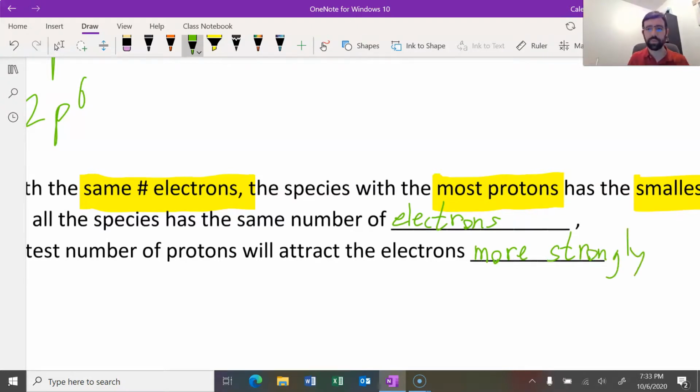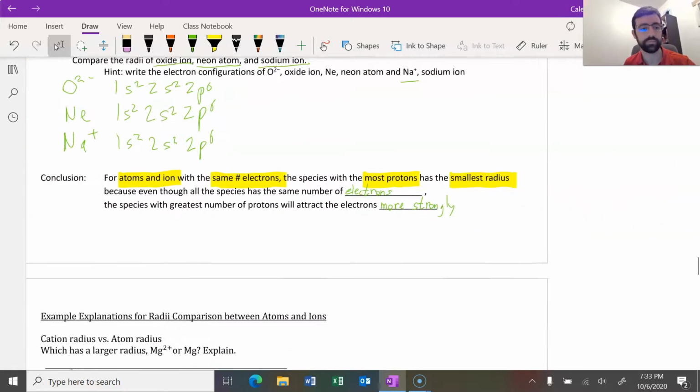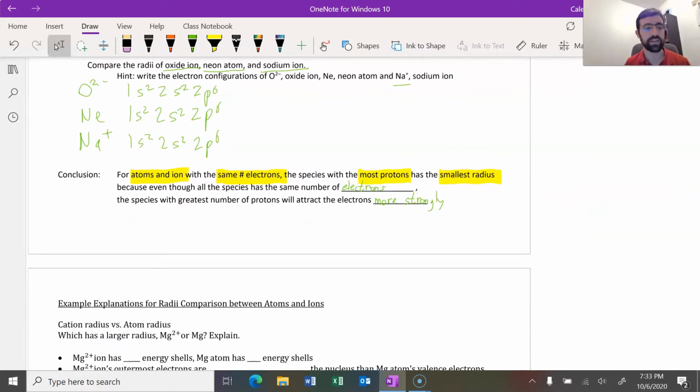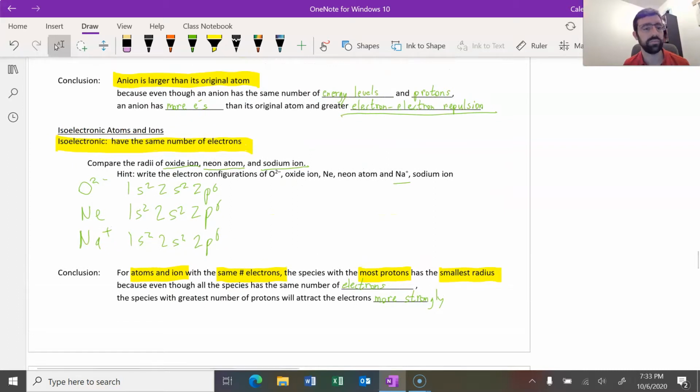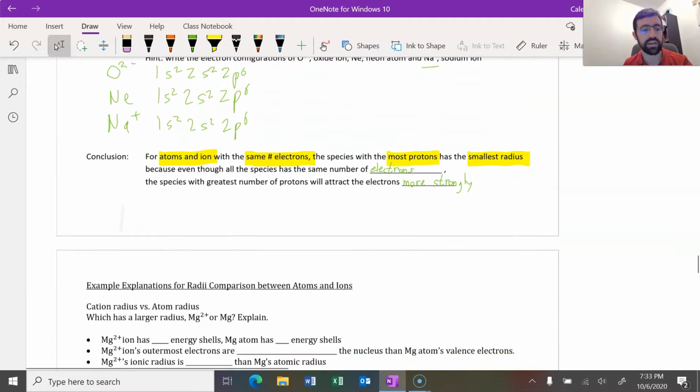Remember, we're increasing that positive charge. Opposites attract. We've got a stronger attraction to the nucleus. And that explains isoelectronic, if you've got the same number of electrons in different atoms and ions.